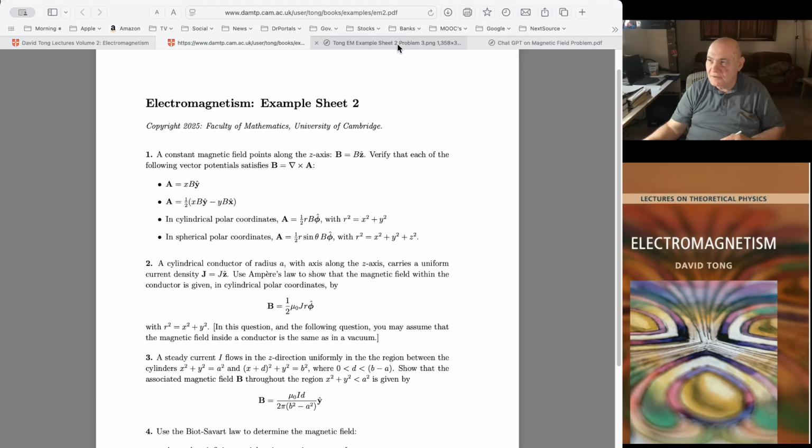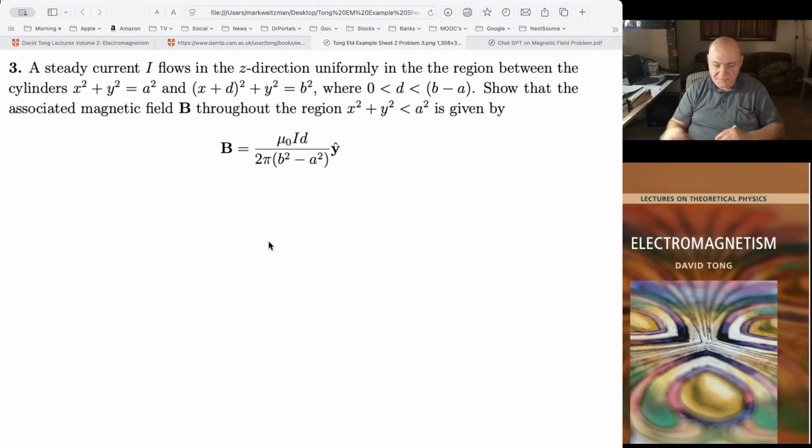I'll show you a little more of a close-up. So the problem is a steady current flows in the z direction uniformly in the region between the cylinders x squared plus y squared equals a squared, and let me draw this, another cylinder which is offset from it, (x plus d) squared plus y squared equals b squared, where b is the outside cylinder and a is the inside cylinder.